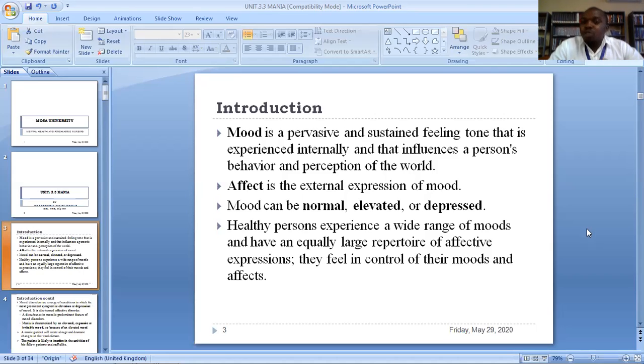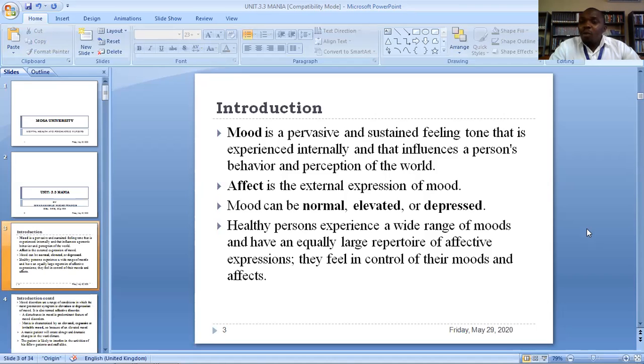They feel in control of their moods and affects. Those whose mood is elevated usually don't feel in control of their moods and affects. They are usually in hyperactivity situations. Those that are depressed are also not in control of their moods and affects.